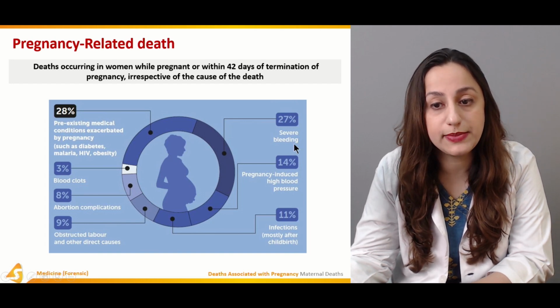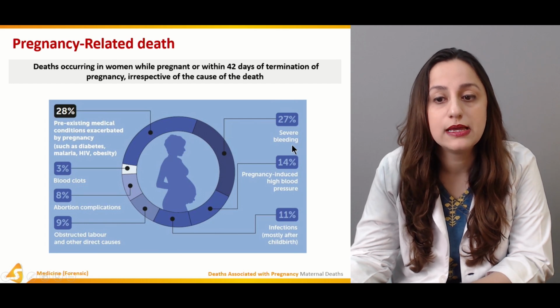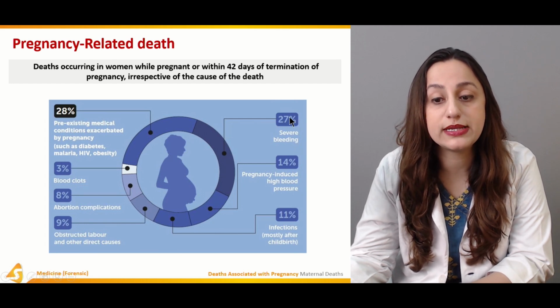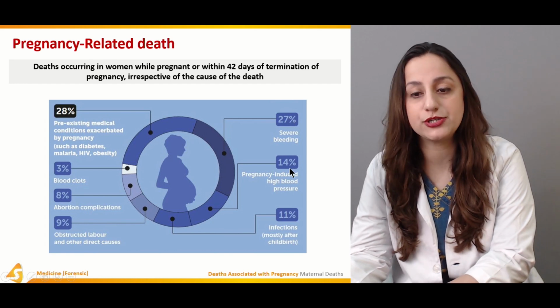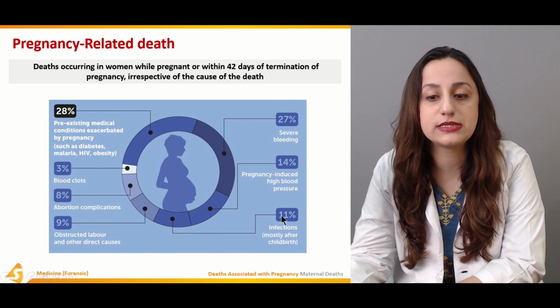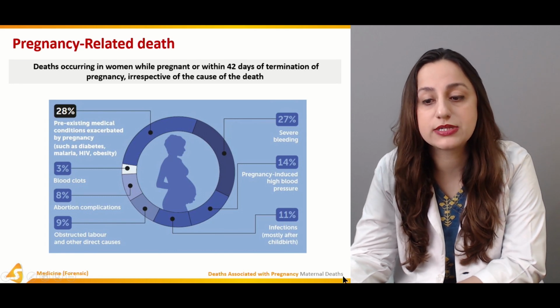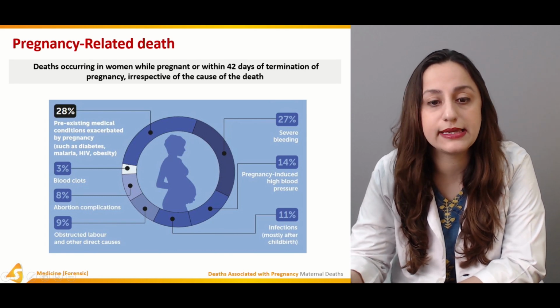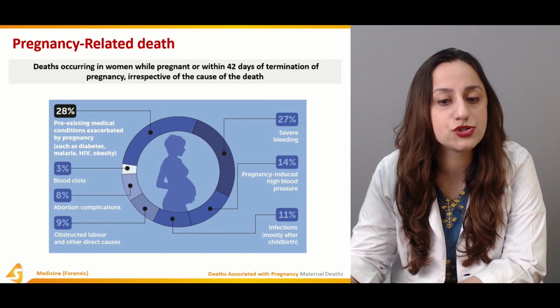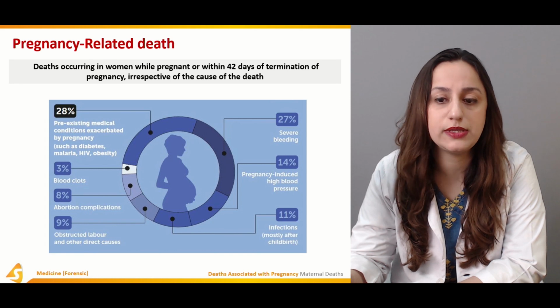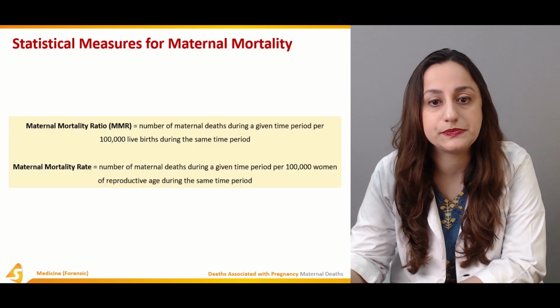And then severe bleeding, hemorrhage, was a major cause, at almost 27%. And then 14% go to pregnancy-induced high blood pressure, and the infections again are very important, mostly after childbirth. Blood clots are again very important. Abortion complications and obstructed labor are among the minor causes, but they're still there.